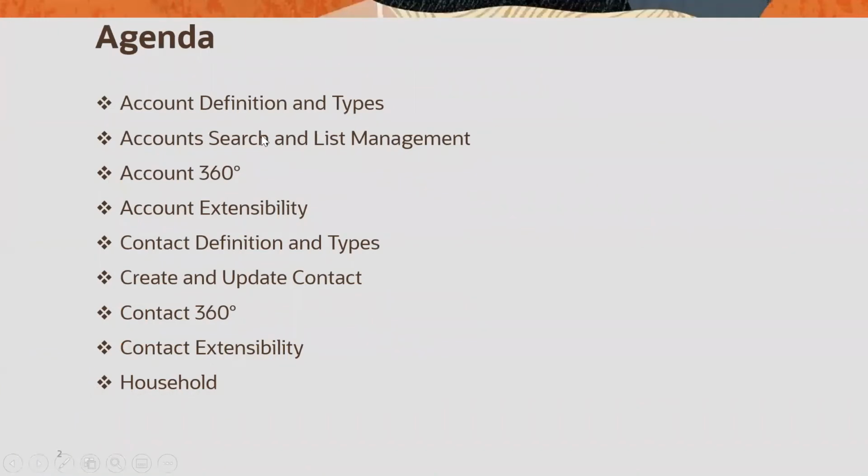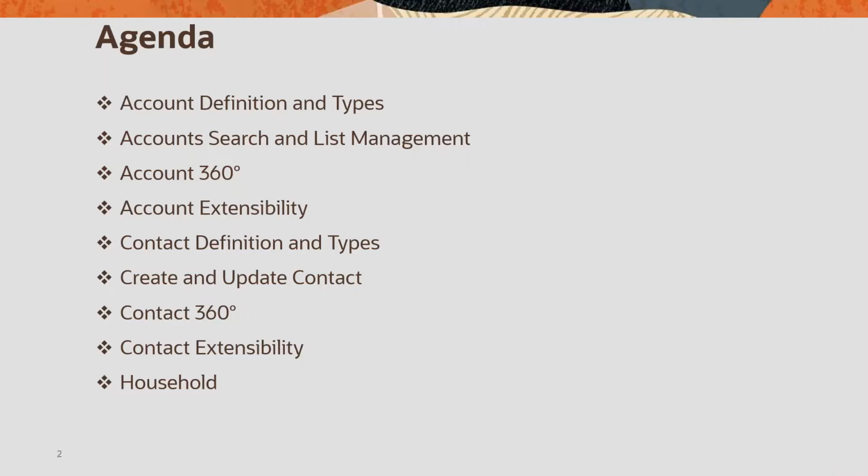In today's topic, we'll see the account and contact definition and the different account types we have. Then how to search accounts, and account list management, which is set for searching, filtering, or showing the results.